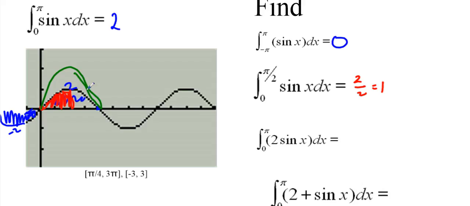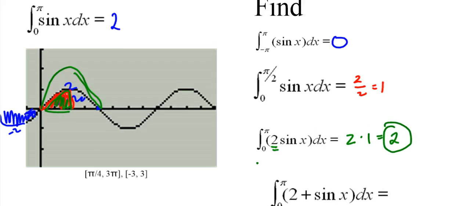We're going to have twice as big of an area. So guess what our value is going to be? From 0 to pi we know is going to be 1. We figured another one. If we take the 2 times the 1, we'll have an area of 2.